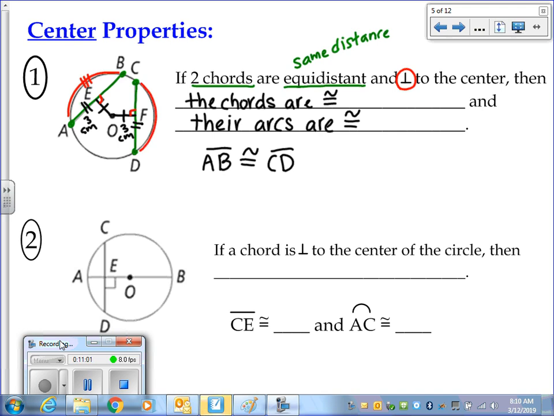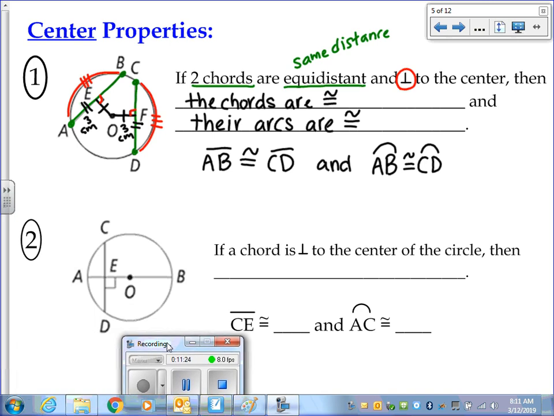It's going to be congruent with the other arc, which is CD. So this is just expanding on the big idea.